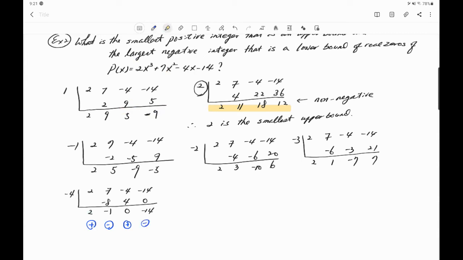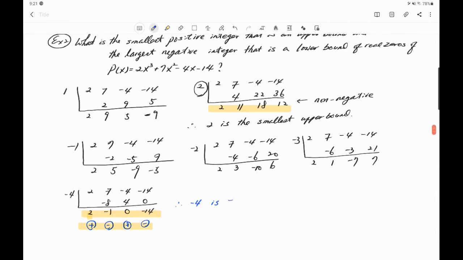The sign now finally alternates. So what's our conclusion? Therefore, negative 4 is the lower bound, the largest negative integer lower bound.